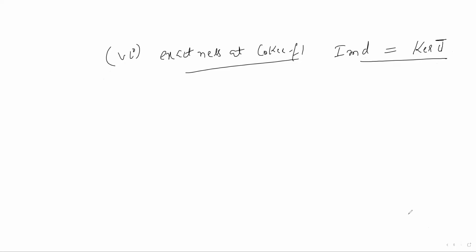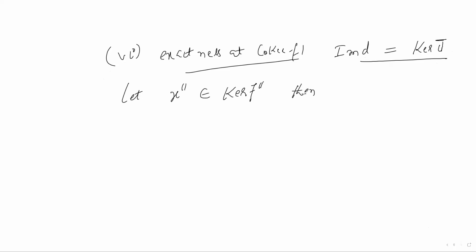First we will show that image of D is a subset of kernel of u dash bar. So let x double dash belong to kernel of f double dash.